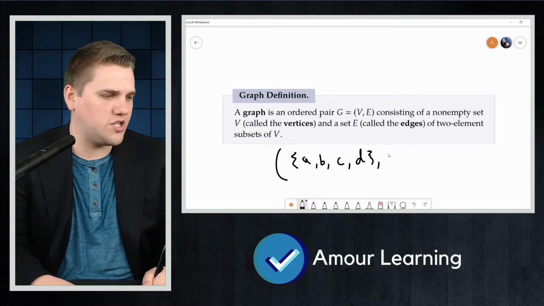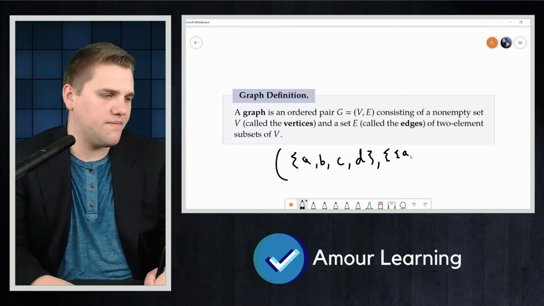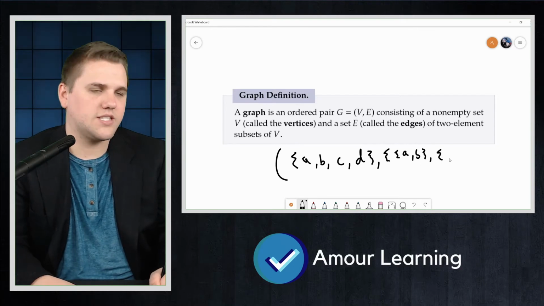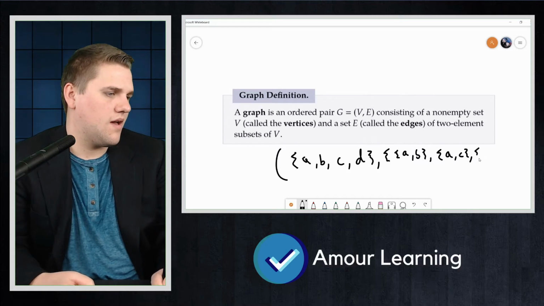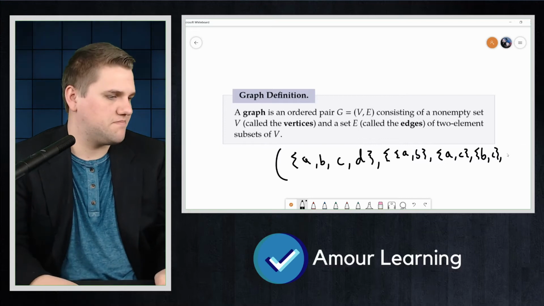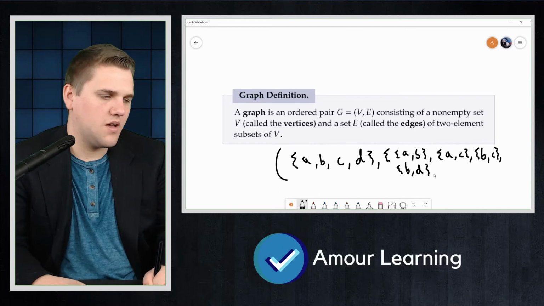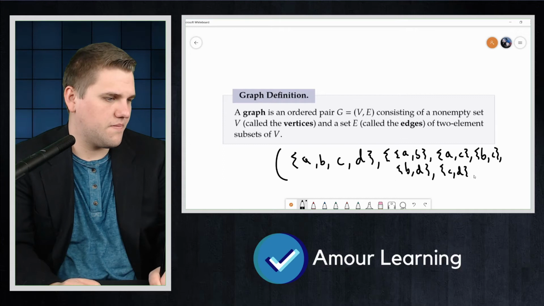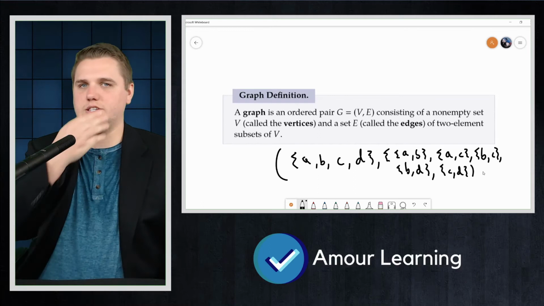Our set of edges is going to be the sets AB, which means vertices A and B are connected. Let's connect AC, BC, BD, and let's do CD. And I think that's it. Let me make sure. Yes, that's the one I want to use.